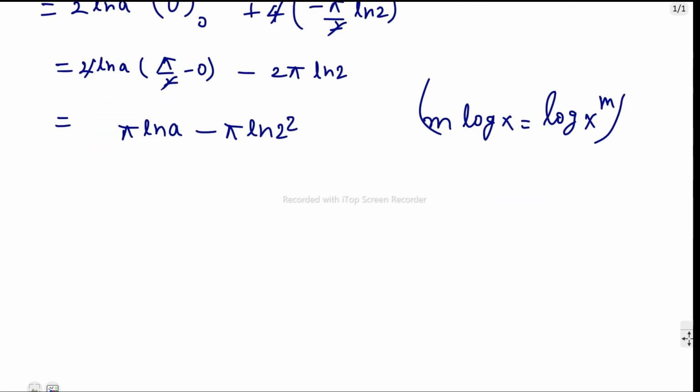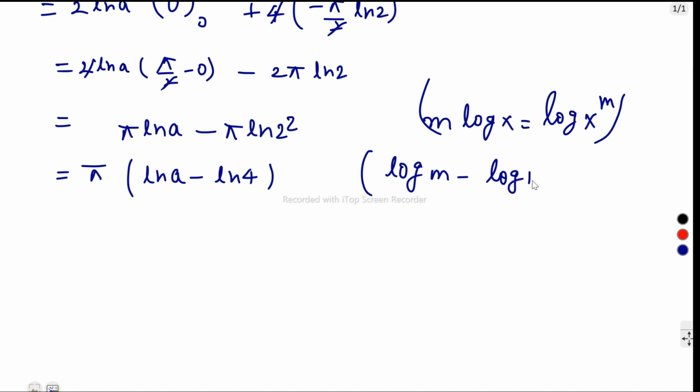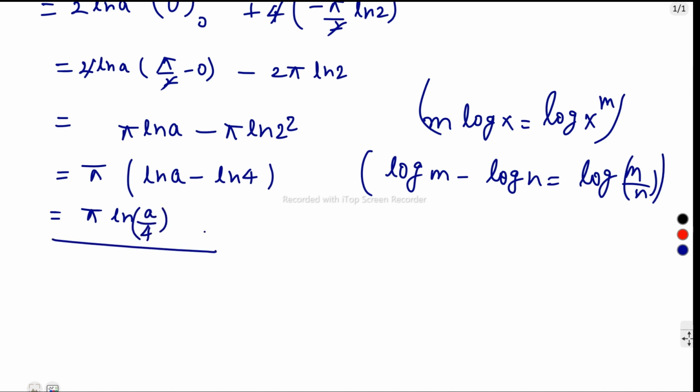Also, if we take pi as a common factor, this is pi times ln a minus natural log of 4, and we also know that log m minus log n equals log m over n. So using this formula we can write this as pi times natural log of a over 4. So this is the value of the integration of the given problem.